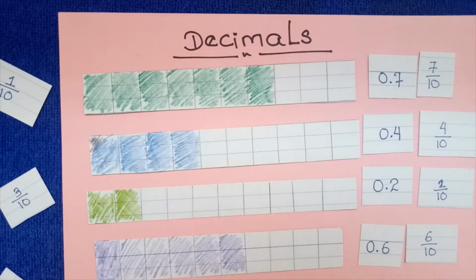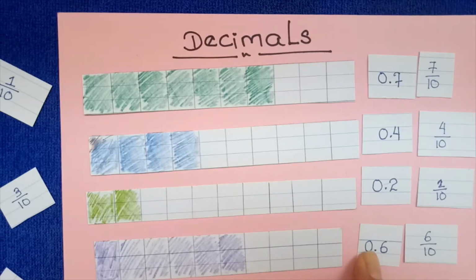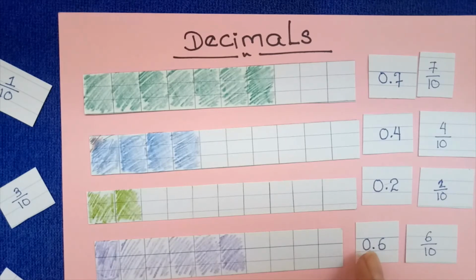Yes. So you understand about this one, right? This decimal is in the tenths place. You have to write down the number near the point. That's why we call it 0.6 or 6 tenths, right?